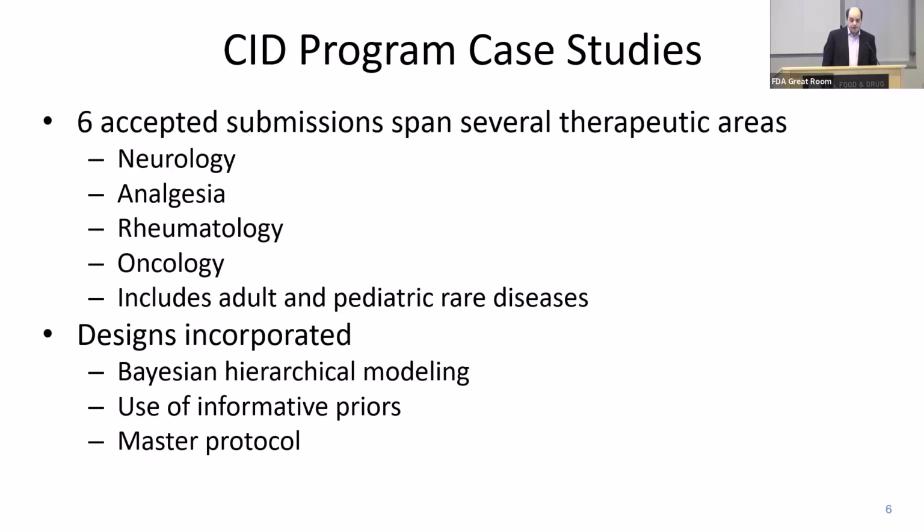Over that time, we accepted 6 submissions across several therapeutic areas, including neurology, analgesia, rheumatology, oncology, and several of them were in adult or pediatric rare diseases. The methodologies or designs that were used included Bayesian hierarchical models, the use of informative priors to bring in structure and information, and master protocol designs.